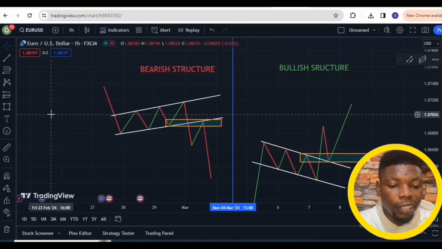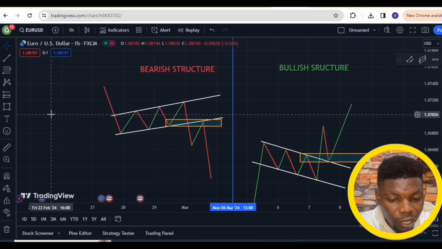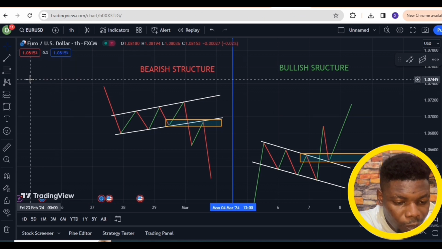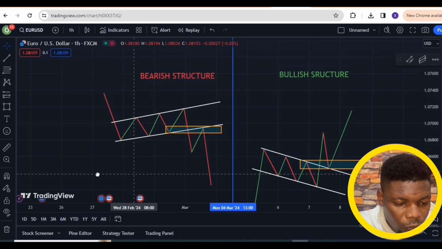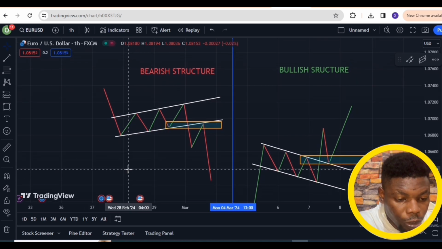So guys, this is how the flag pattern works. On the left hand side is a bearish structure. On the right hand side is a bullish structure. But before I go into details about the bearish or bullish structure, the flag pattern is a continuation pattern.